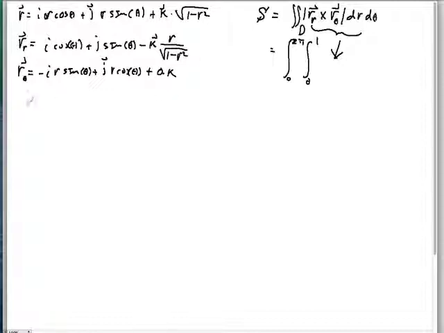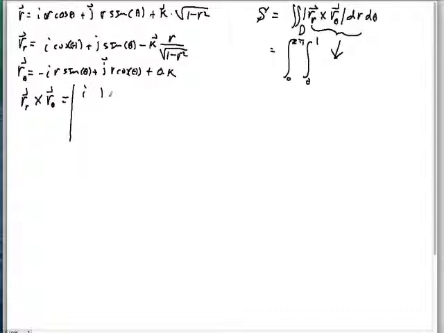Okay, that looks good. Now we need to take a cross product: the vector r partialed by the scalar r crossed with r partialed by theta. That's going to be the determinant of i, j, and k.